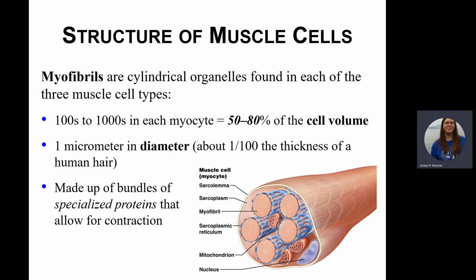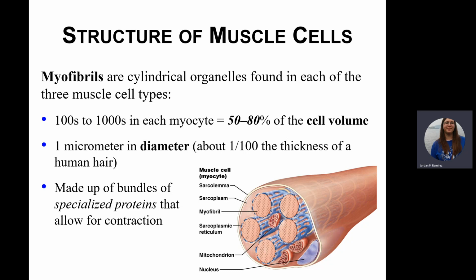All right, so myofibrils are cylindrical organelles which are found in each of the three muscle cell types. So these little bundles of protein are called myofibrils. There are hundreds to thousands in each myocyte, in each muscle cell, which make up around 50 to 80% of the cell volume. So you would think they're very important, which they are.